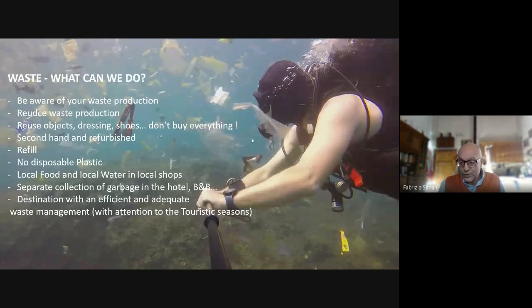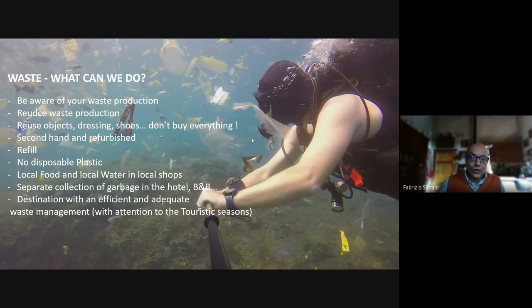Reduce first, then the differentiation. There is the reduction of the waste production. So use more than one time plastic bags, use more than one time plastic bottles, try to avoid plastic bags, so use tissue bags and these kind of things.